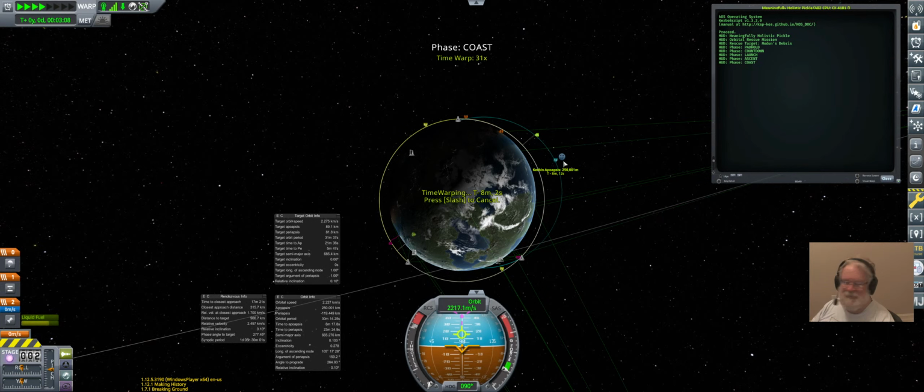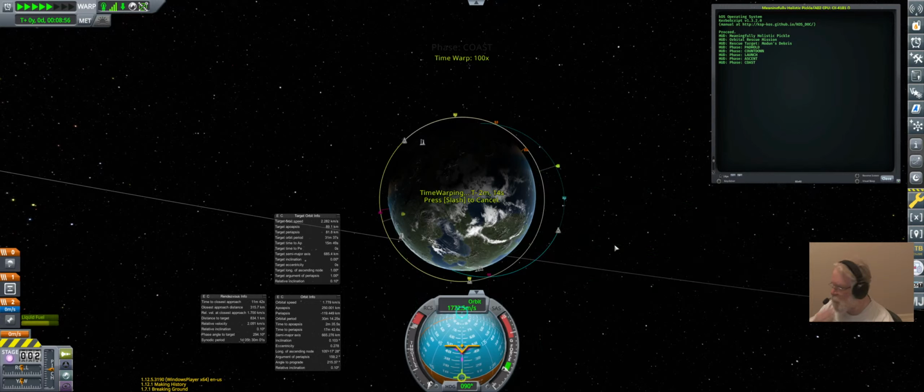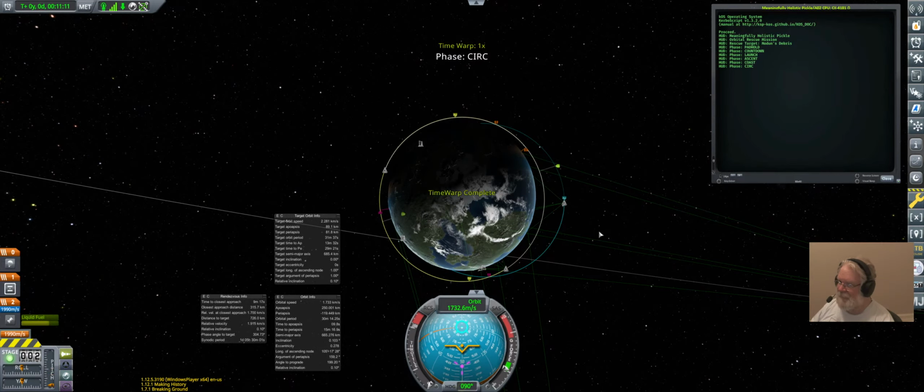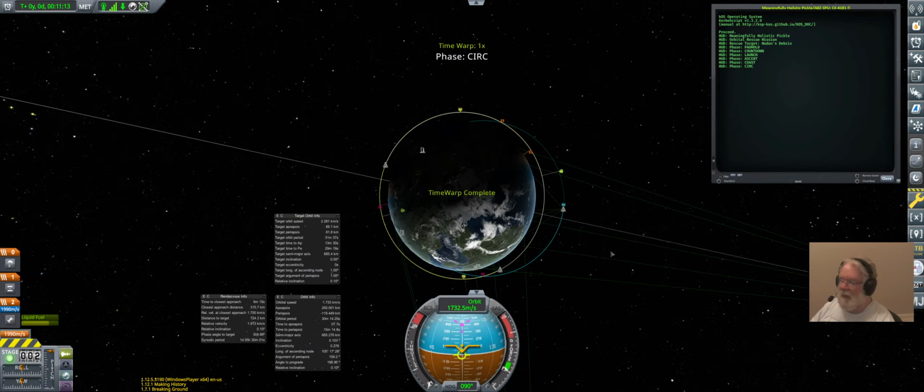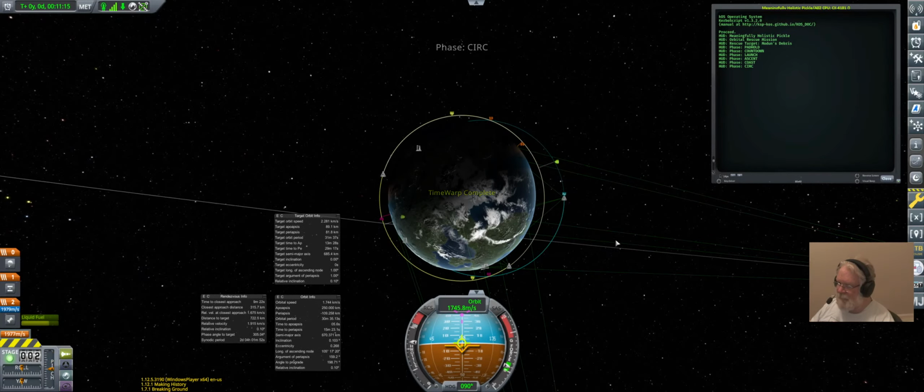Okay, so there's our apoapsis. It's grown to 250 kilometers. And now we circularize. Again, I'm using the direct computation and error control methods. So I'm basically saying, if I were in a circular orbit, what would my velocity be? What is my velocity? Burn to correct.